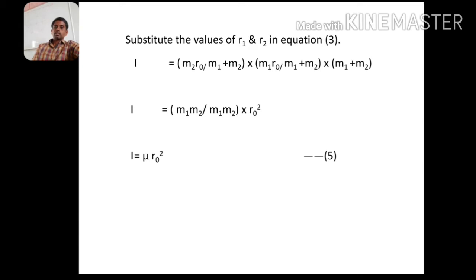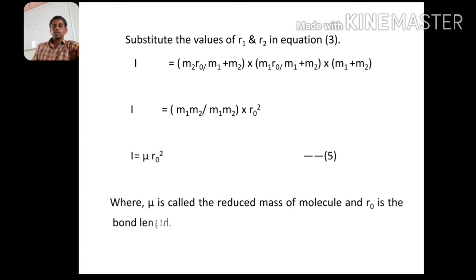I is equal to what? Mu r0 square. Equation number 5, where mu is called the reduced mass of the molecule and r0 is the bond length.